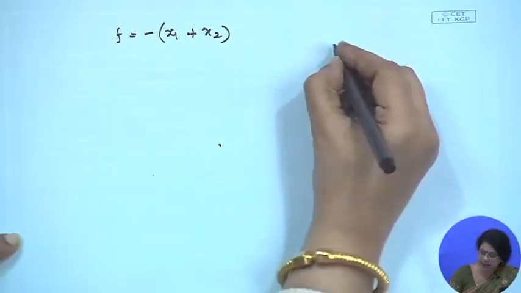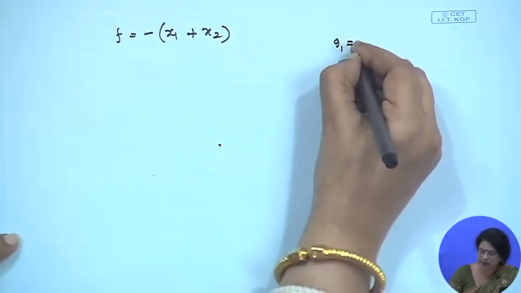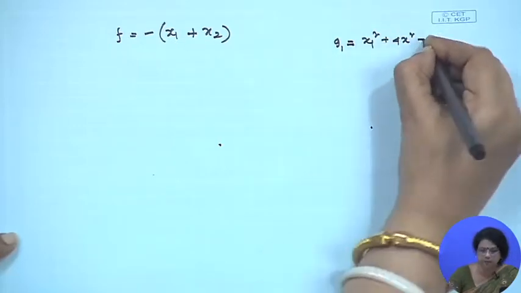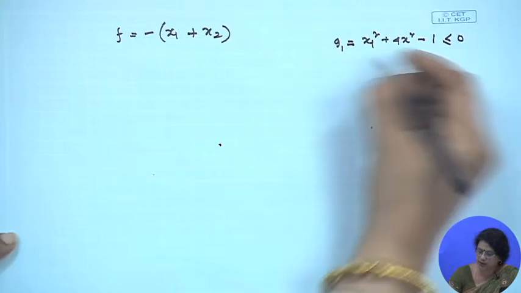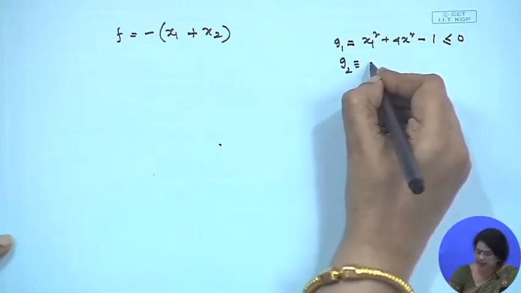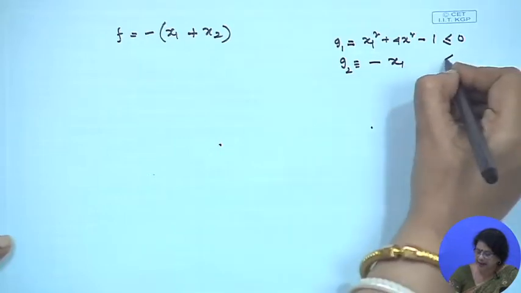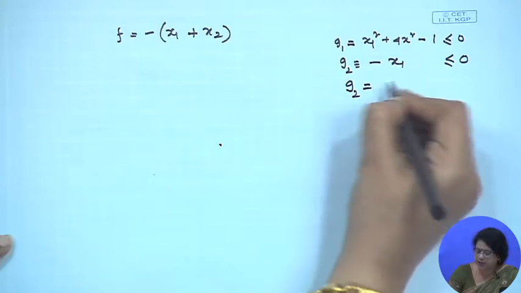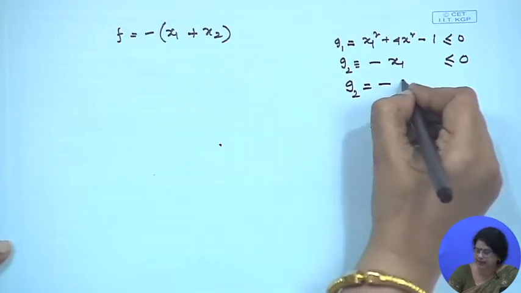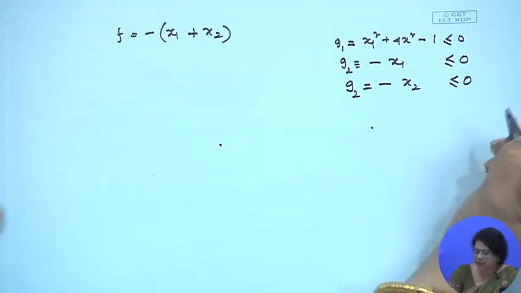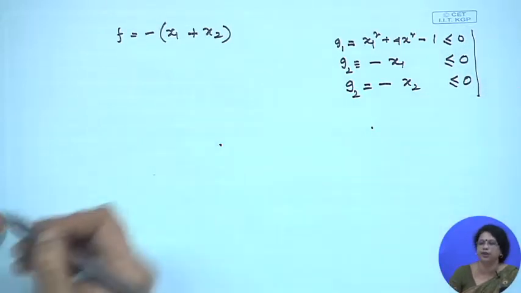One constraint is g1 equal to x1 square plus 4 x2 square minus 1 less than or equal to 0. g2 has been given as minus x1 less than or equal to 0, rather x1 is greater than or equal to 0. To make it in the same direction, all the inequalities we can consider this way. These are basically the non-negativity constraints for the decision variables.